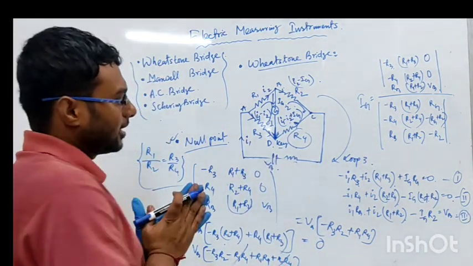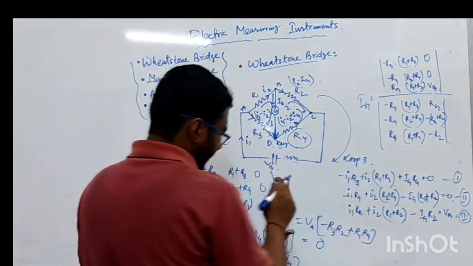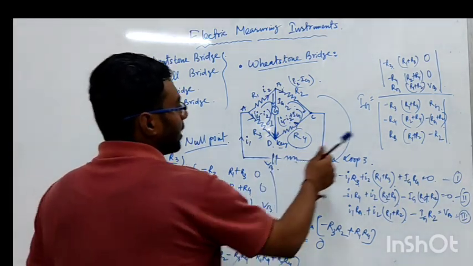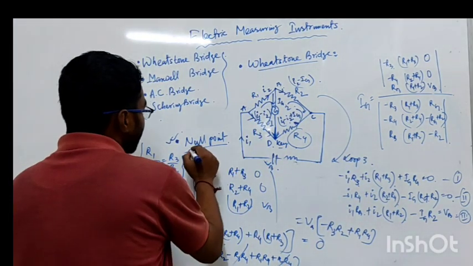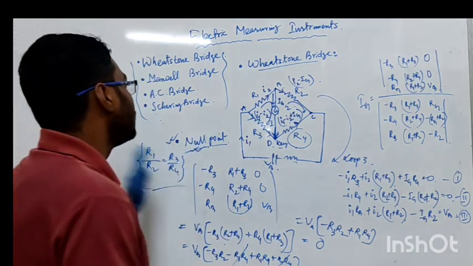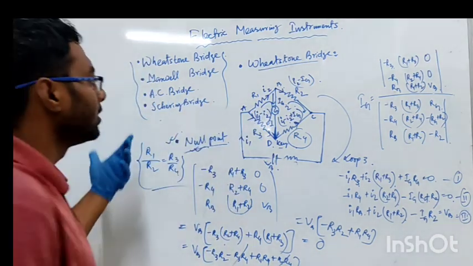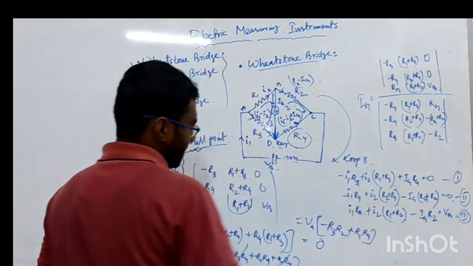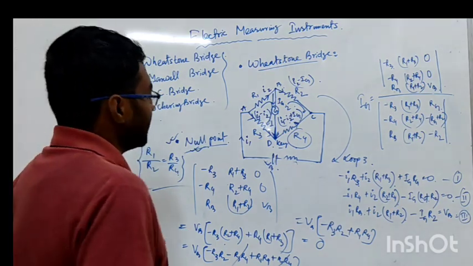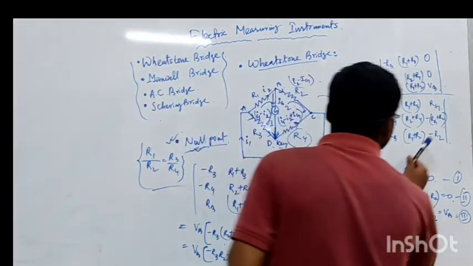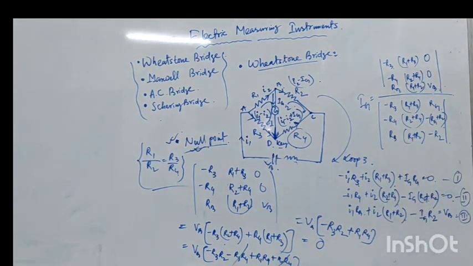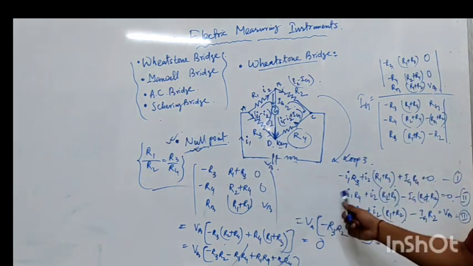That means it does not depend on the lower part of this fraction. So if we get the null condition, the value of IG does not depend on the lower part, or this determinant. So if we interchange something in this determinant, that has no effect on IG, as we know that at the null point IG should be equal to 0.